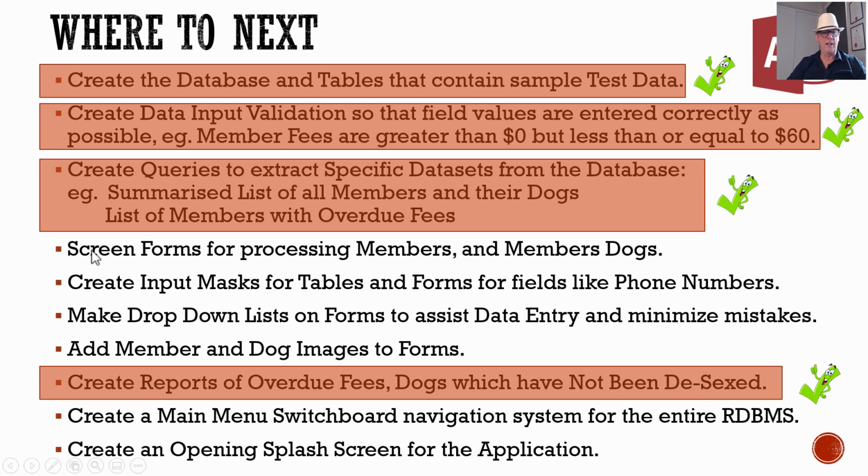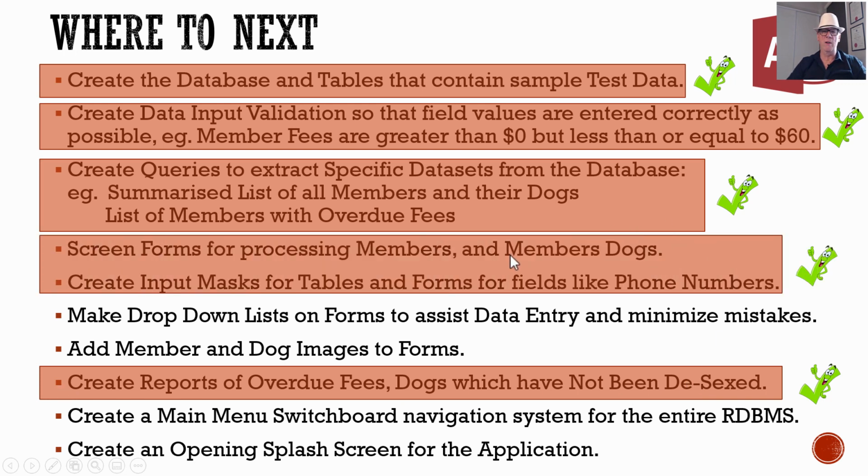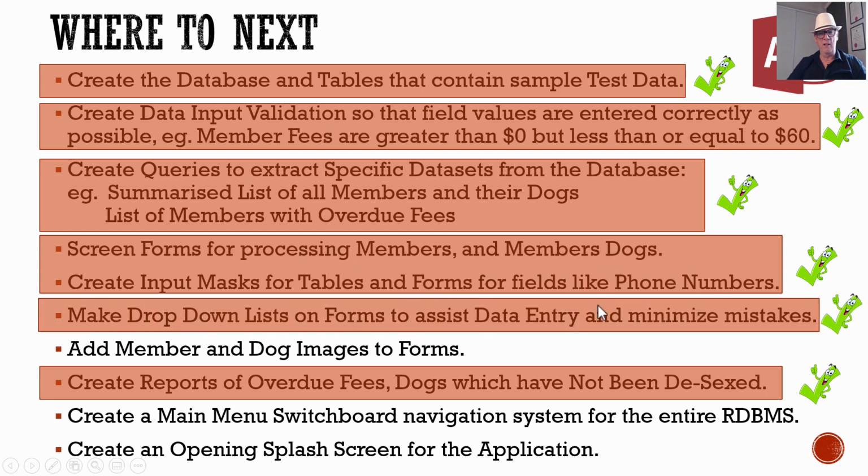Then these ones here all had to be made in order. So you had to have screen forms first, then you can make the input masks. Should flow through most of them from the validation, but I think we had to do something for phone number. Then we did drop down lists out of that to our forms, so we could pick sexed or desexed. Then we had the member and dog images. That was the next step to get them onto our forms.